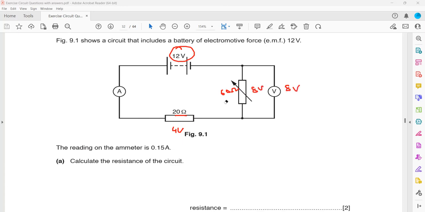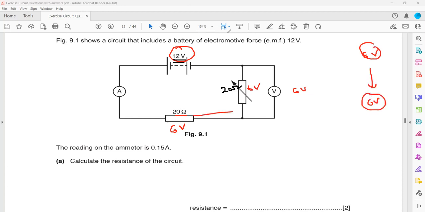But now what happens? We reduce the resistance, for example to 20. Now they have equal resistance. So out of 12, 6 volts will be here and 6 volts will be here. So what has happened to the reading of the voltmeter? Originally it was 8, but now it has reduced to 6.